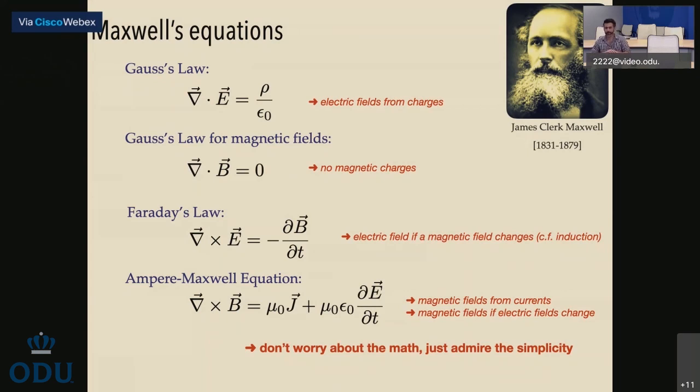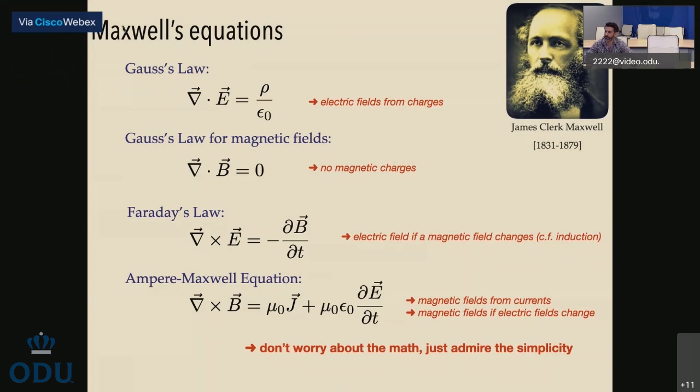So at the end of your first year in physics, what you would have reached, hopefully, is Maxwell's equations. Maxwell's equations are a summary of 4 equations that were pieced together at the end of Maxwell.